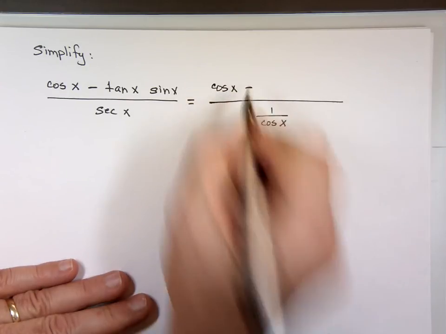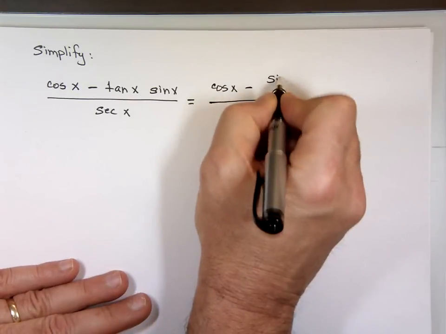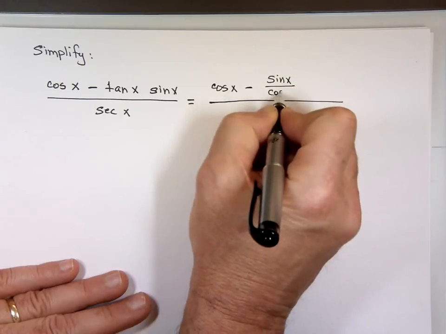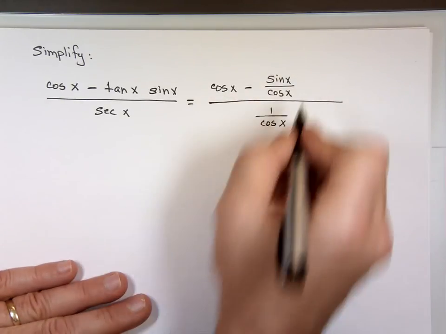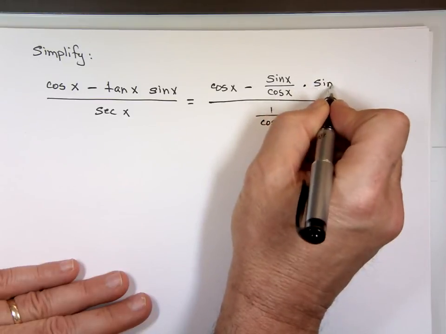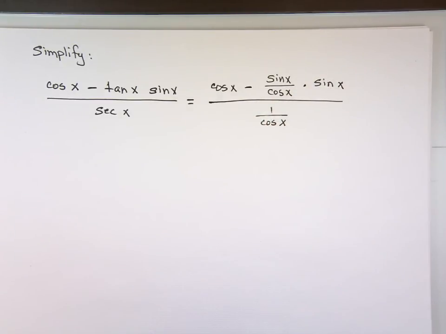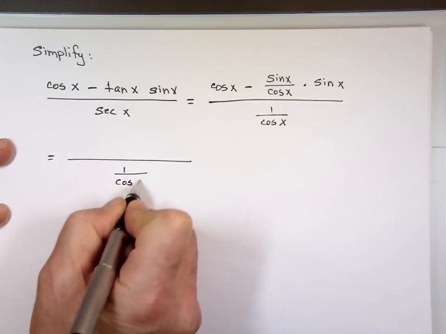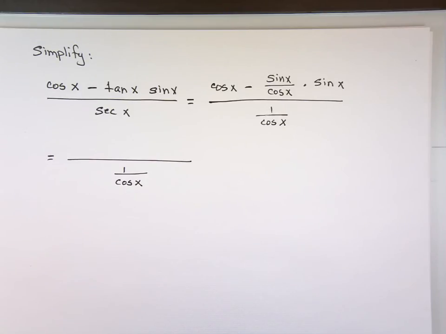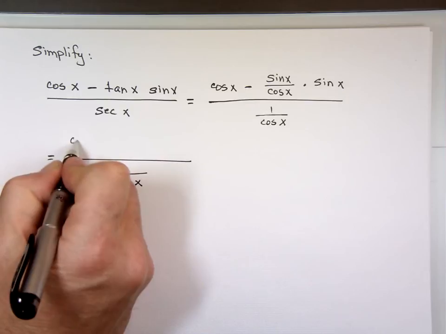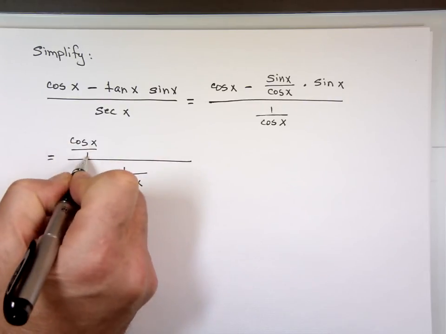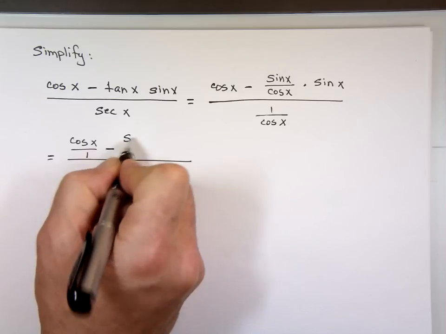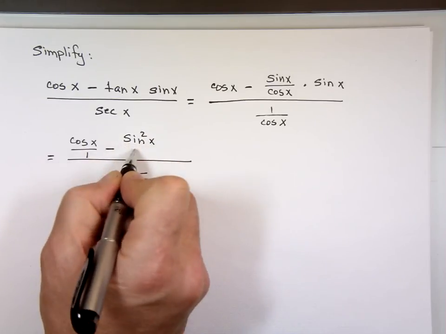Tangent is sine over cosine, times the sine. Bottom is good for now. This is cosine x, or cosine x over 1, minus, this will be what? Sine squared x over cosine x.